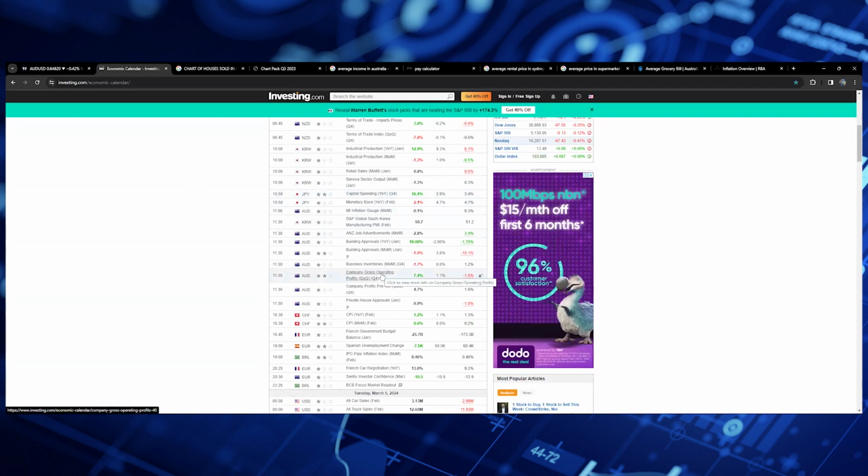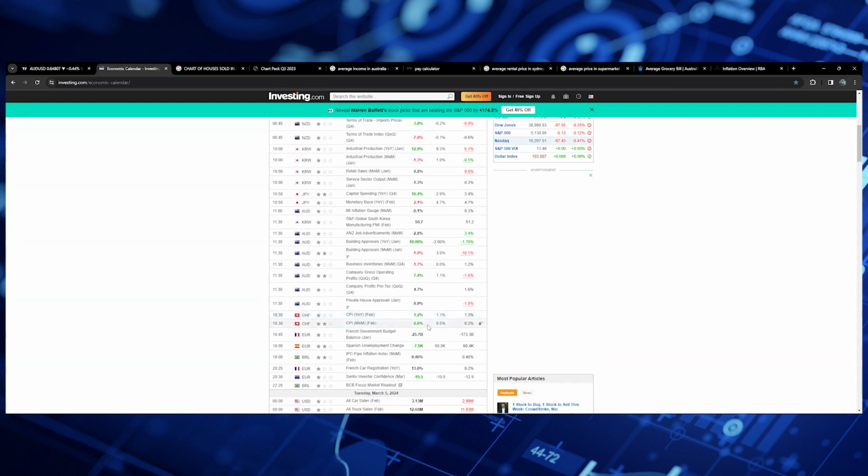That's not too much. We had the CPI month over month and year over year on Switzerland. That is pretty good for the Swiss franc because it came in 0.1% higher than expected. Expectation was 1.1 and it came in at 1.2. Here, 0.5, it came in at 0.6.